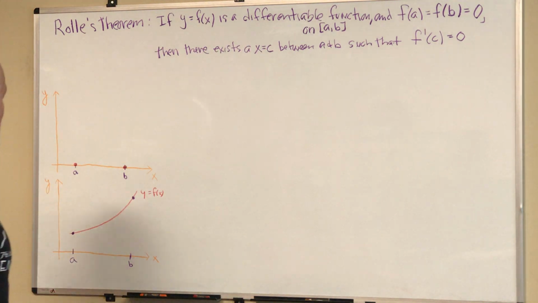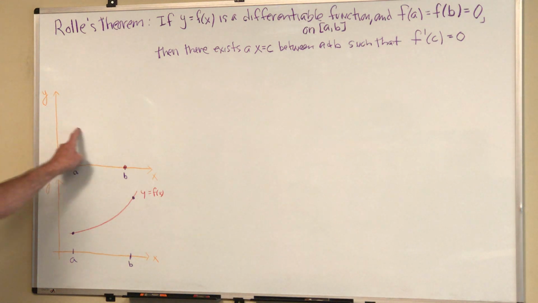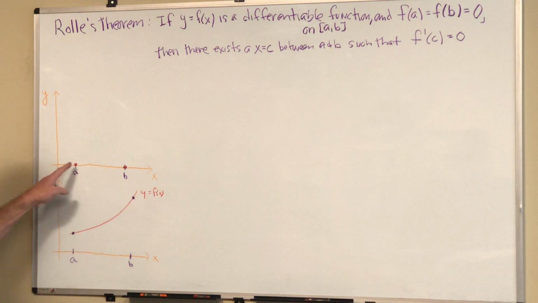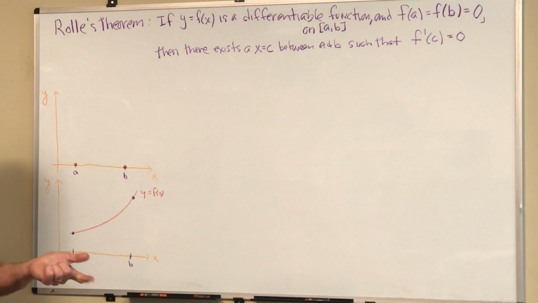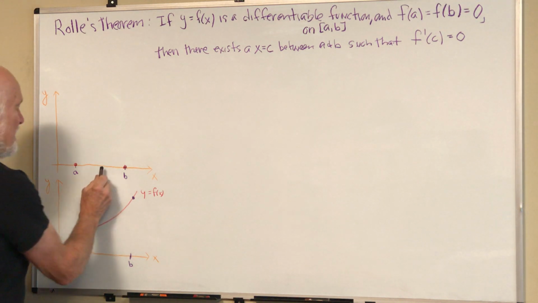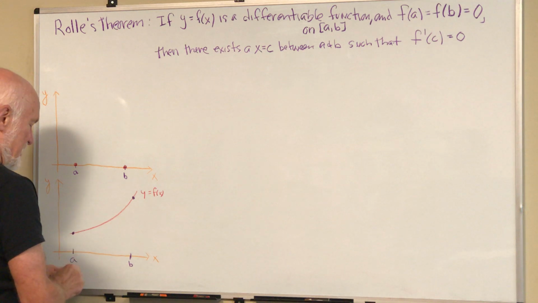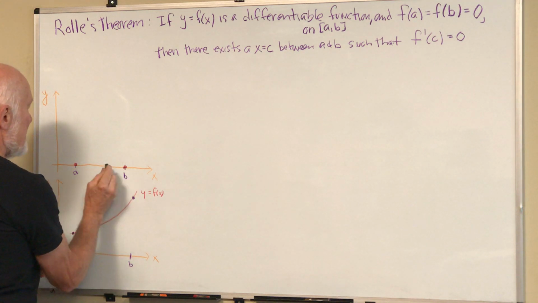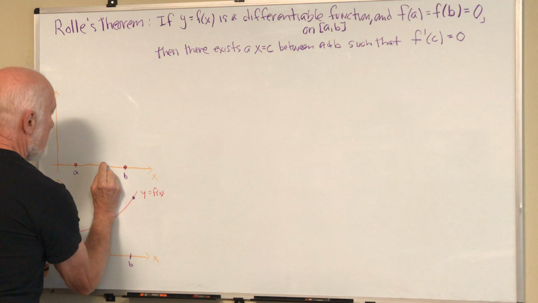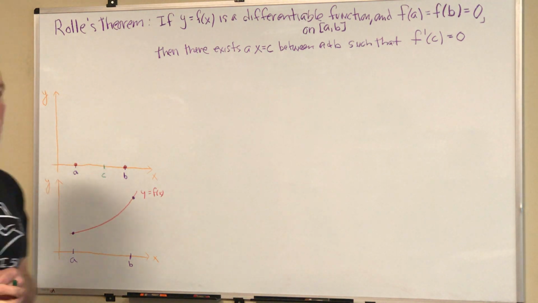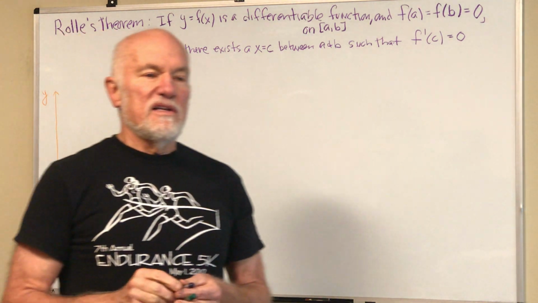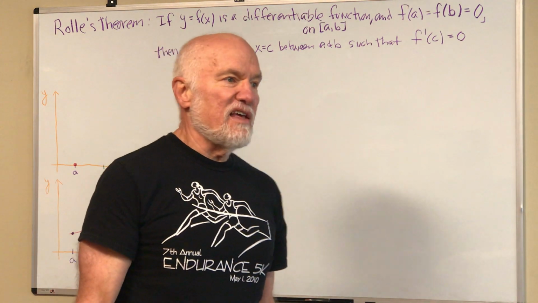So we have a function y equals f of x, and we know that f of a and f of b equal 0. And what the theorem is saying is there has to be some place in here, some c, where the derivative is going to be 0. Now, does it make some kind of sense?